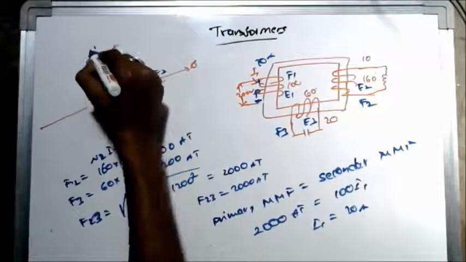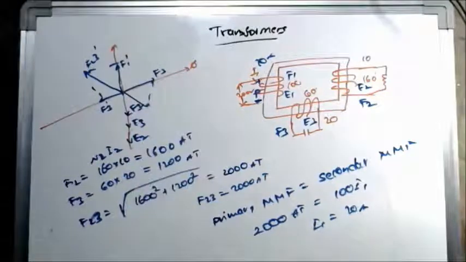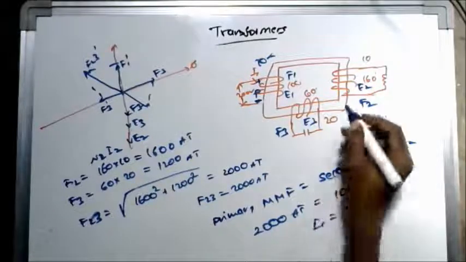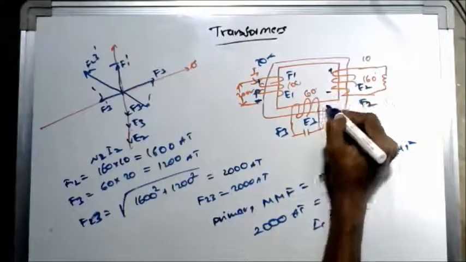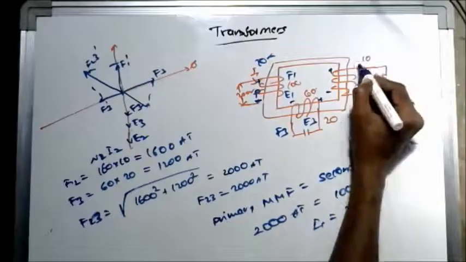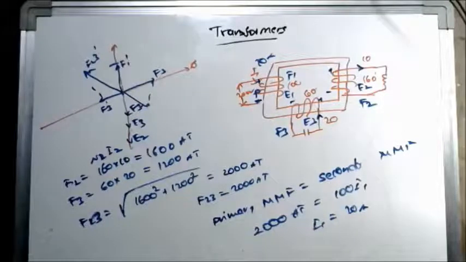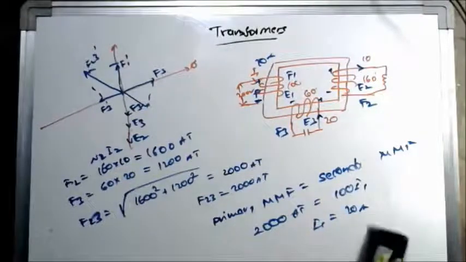This is F23 dash. The polarity markings are plus and minus. These are the current directions, in this direction and in this direction. This is all about the first problem.